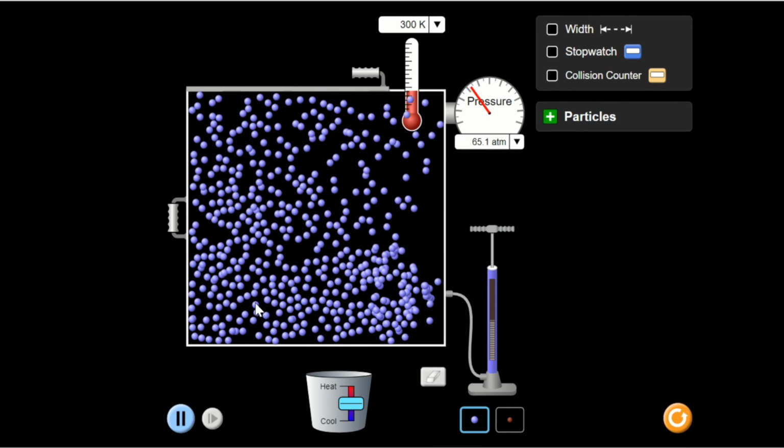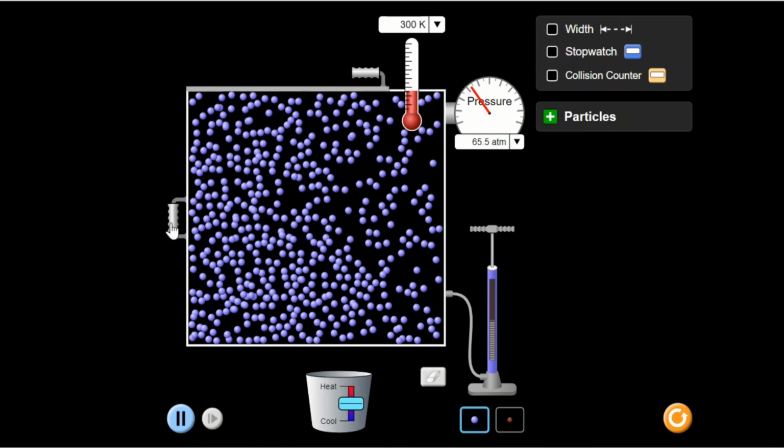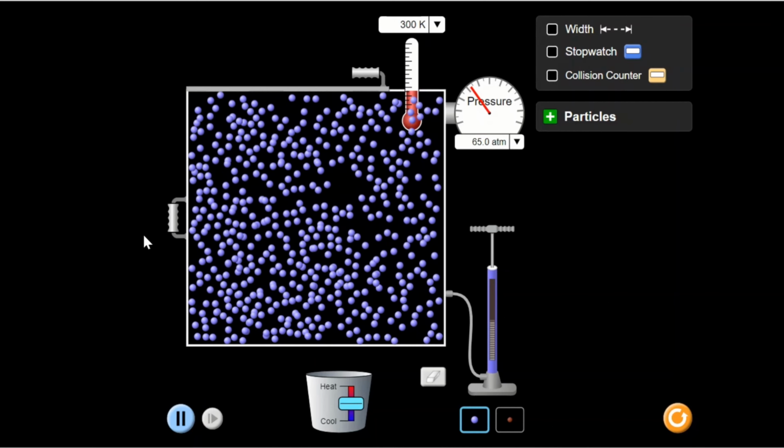And if we change the volume also, look, if we increase the volume, see what happens to the pressure. Pressure is decreasing, temperature is also decreasing. But if we decrease the volume, see what happens to the pressure. Pressure is increasing, temperature is also increasing.